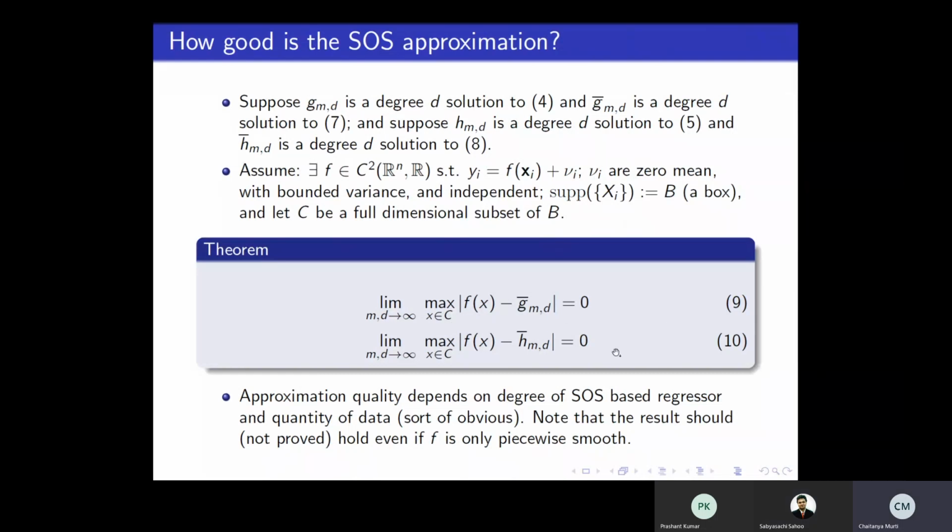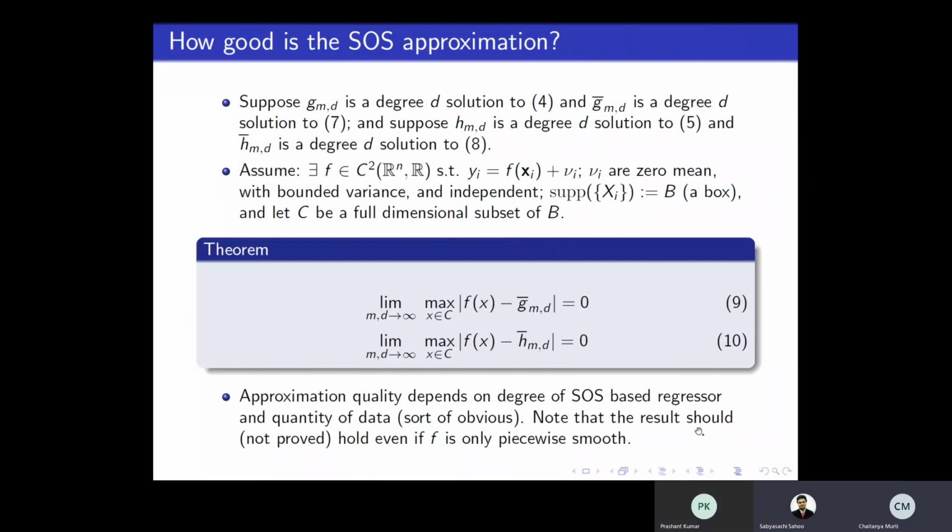The worst case error goes to zero. So that means the more data you have and the higher the degree, the closer you get to perfect generalization. And of course, if I pick a generalization error delta, I can get bounds on M and D. But unfortunately, I don't have a handle on those proofs because they're a little bit beyond what I've learned so far.